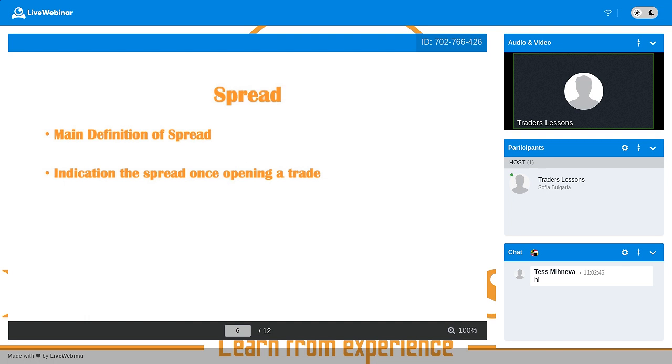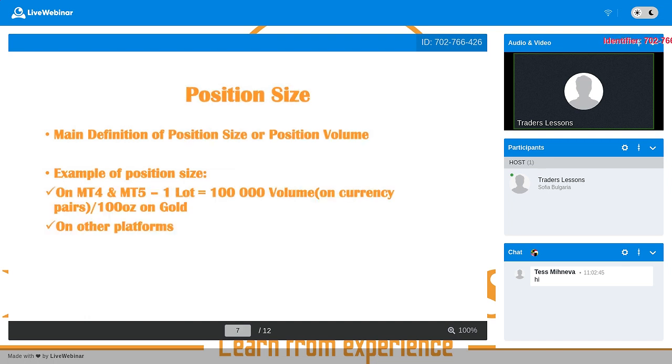We go forward. We have here position size, something that I've just mentioned, I have just touched on in our previous slide. Now I will explain it in more detail. Now, there are different platforms all over the world. Some of the most famous ones, some of the most, let's say, used in the trading world are the MetaTrader 4 and the MetaTrader 5.